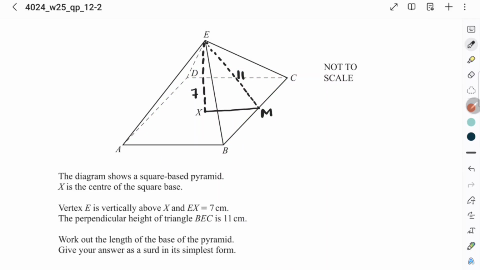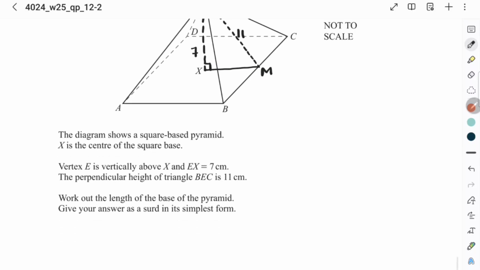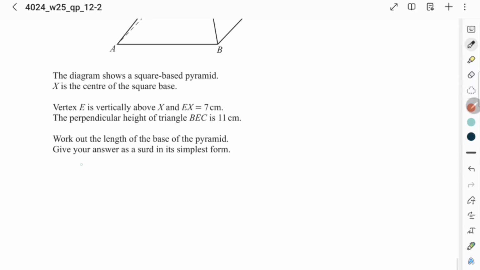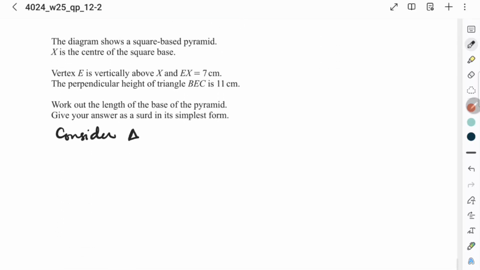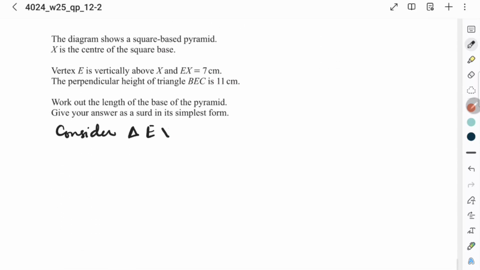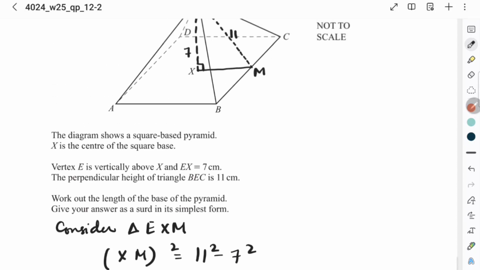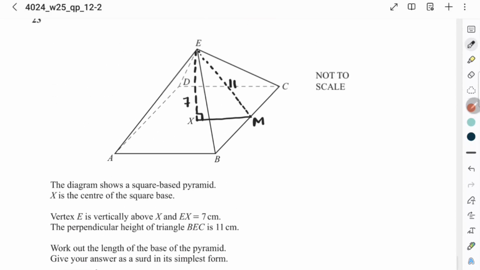Okay, 90 degrees. So we'll find out the value of XM. So consider triangle EXM and finding out the value of XM. XM² equals 11² − 7², because EM is the hypotenuse.